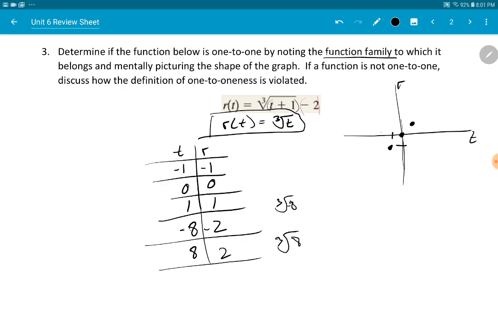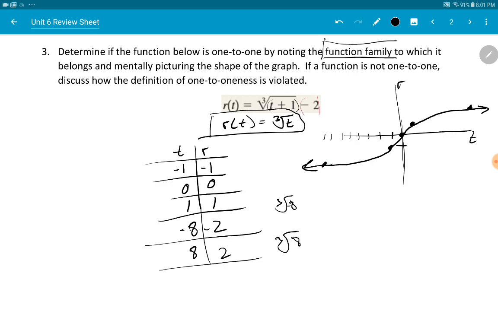When t is -8, r will be down here, and similarly over here. So that's starting to look like a shape. And I do recognize that shape once I warm up my library knowledge. Okay, so I have that parent function.